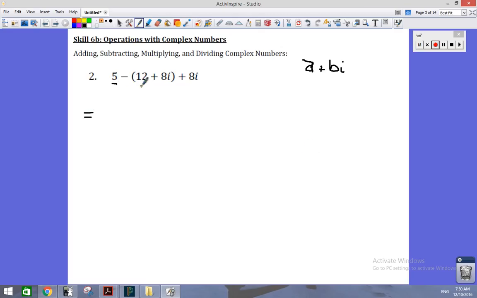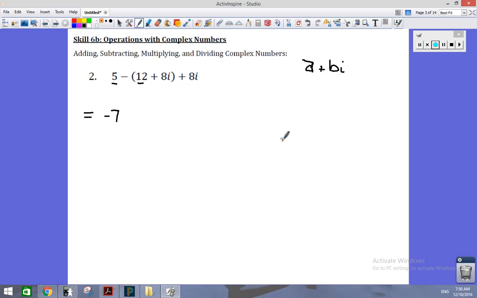We're going to look at 5 minus 12 and have that be negative 7. That negative sign distributes to be negative 8i, plus the 8i, so those cancel. So when we add this real number, subtract this complex number, and add this pure imaginary number, our result is negative 7.